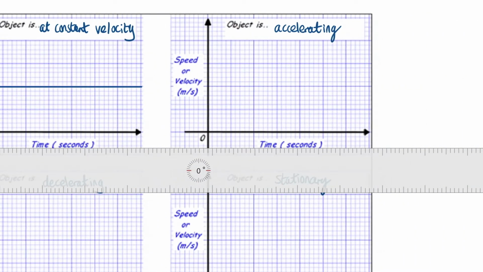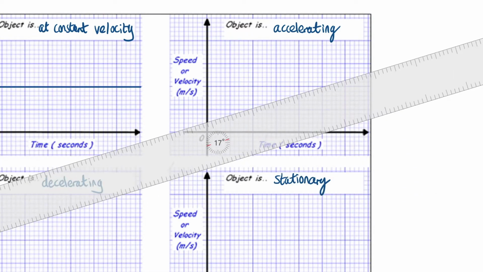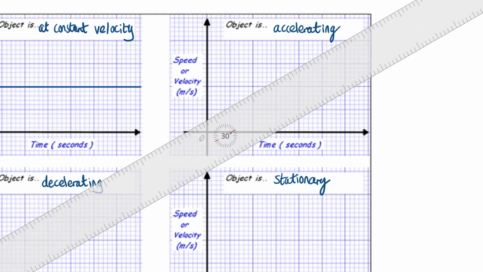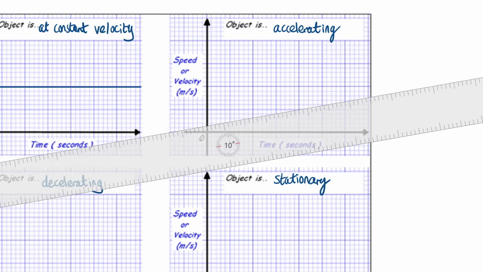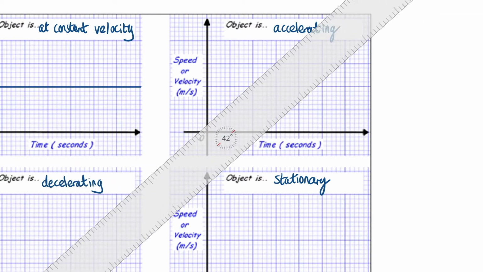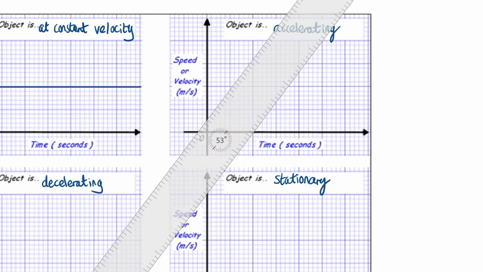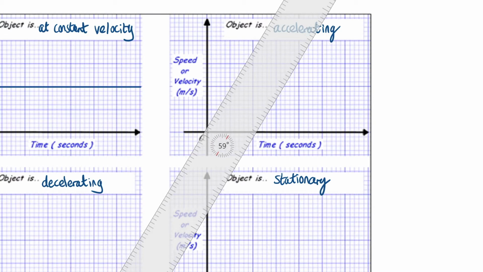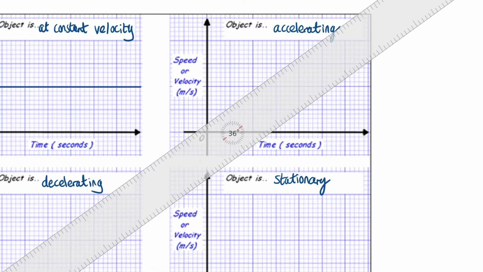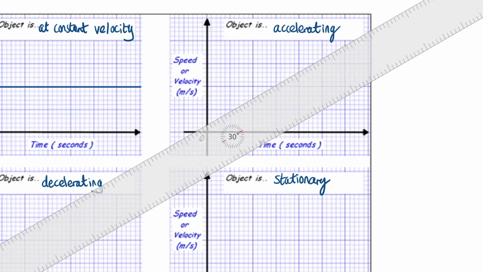Obviously, the higher the line's up, the higher that constant velocity. Now, if something is accelerating, the speed is changing with time, and the steeper the line, the faster the speed is changing, or in other words, the higher the acceleration. The word we use, of course, we've used it over the last few lessons, is gradient.